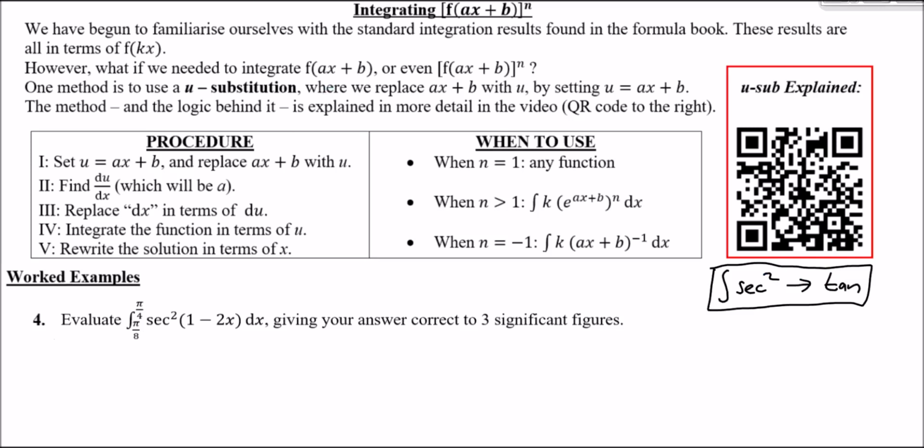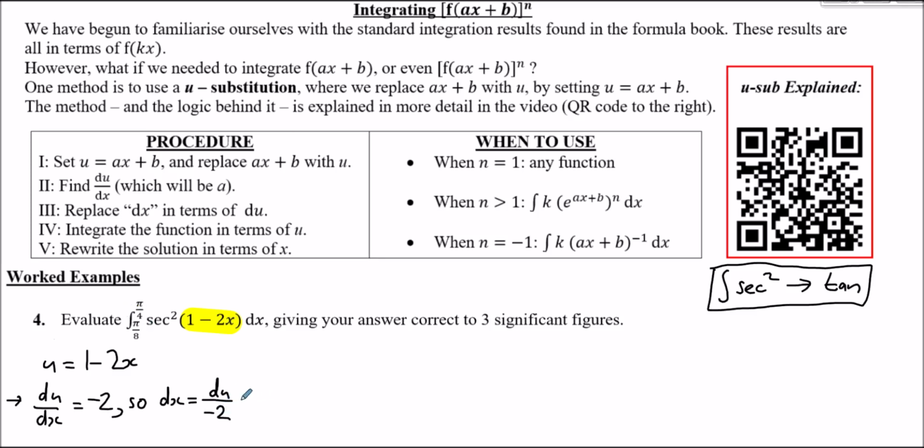So bearing that in mind, we can now approach the u-sub cautiously and be thinking that, well, that's our linear function 1 minus 2x. So let's go for u being 1 minus 2x. And if that's the case, of course, du over dx will just be minus 2, and so dx is du over minus 2.